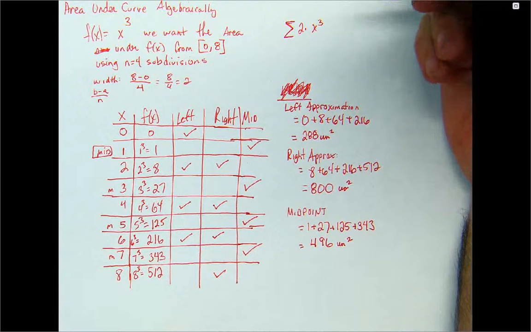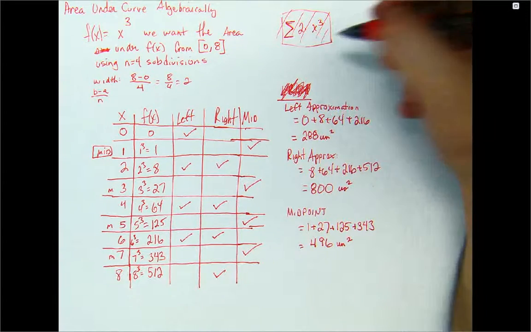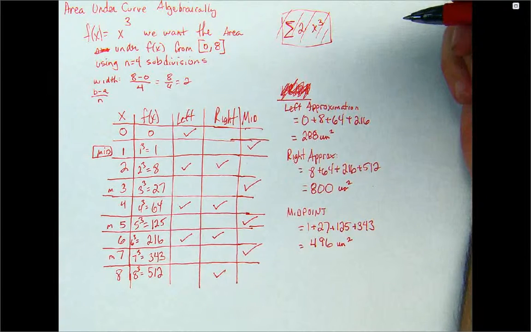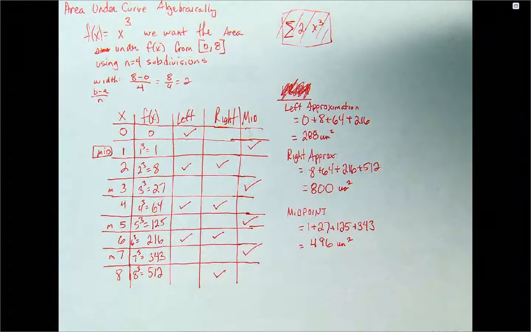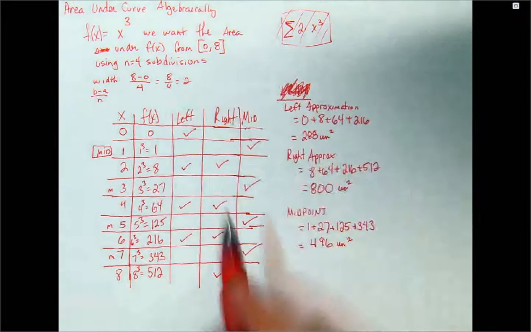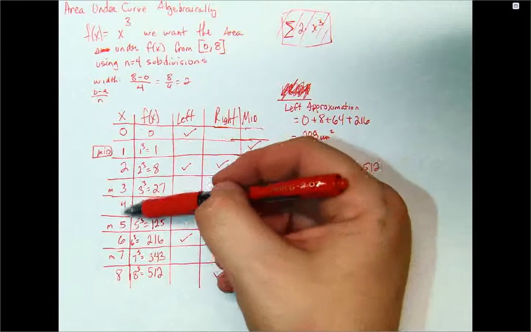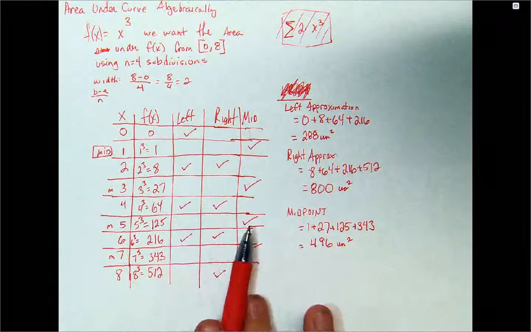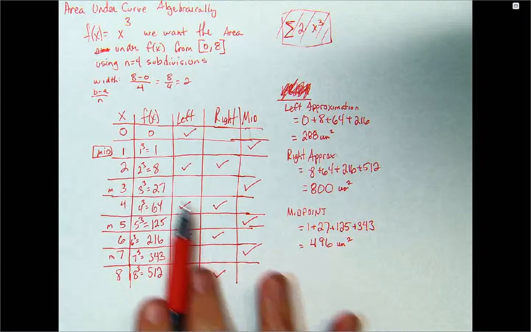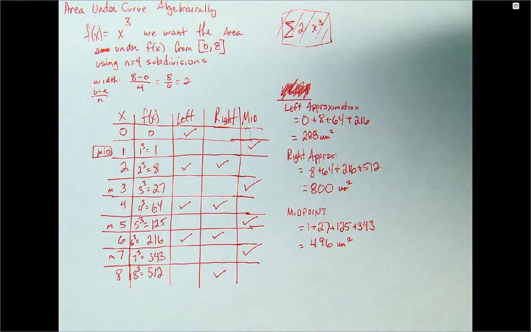So we'd like to just pass on by. If you make the chart, figure out the subdivisions, put the endpoints of your intervals in, then put your midpoints in there, and just check off which ones you want, you'll be able to calculate your left, right, or midpoint approximation really easily at that point.